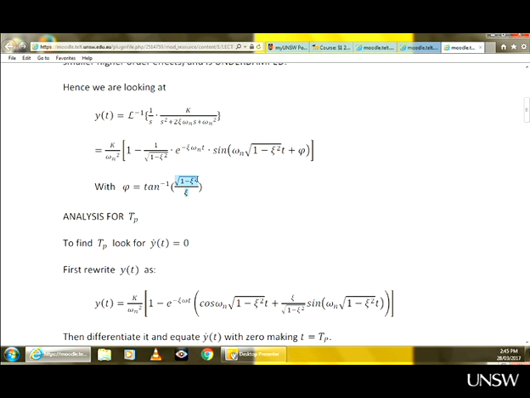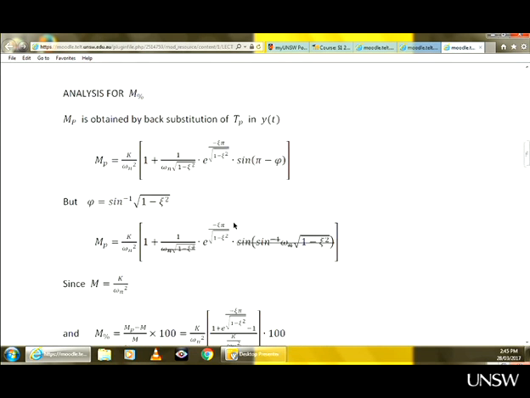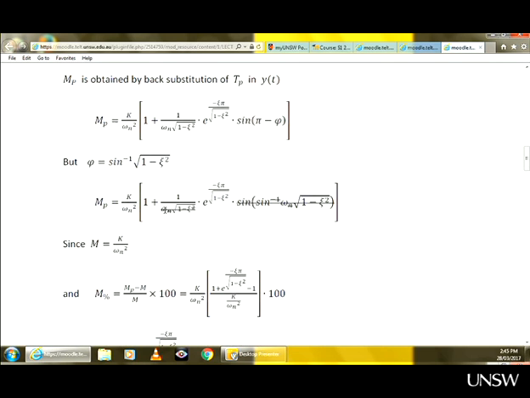This is sine, this is cosine. Tangent is sine over cosine. Okay, so this is sine phi. So that helps us eliminate this and this, sine of inverse sine of square root 1 minus xi squared. So we end up with this exponential term and this steady state part here.